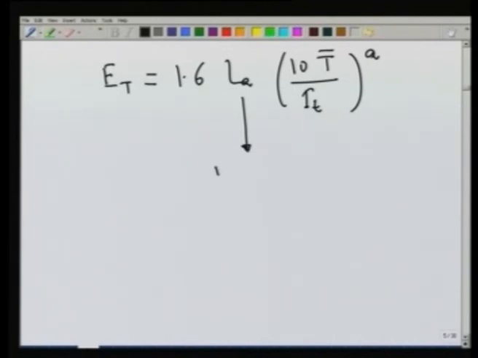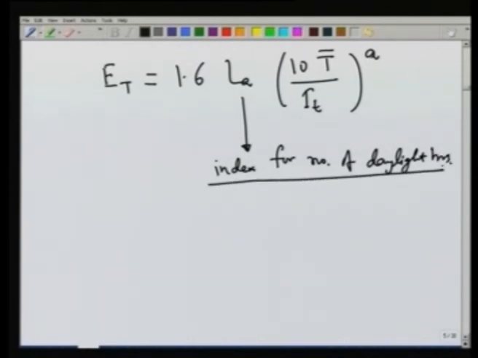L_A is an index for the number of daylight hours, which, as you can see, is similar to what we had used earlier, daylight hours, but here it is defined a little differently. Again it will be a function of latitude and month.